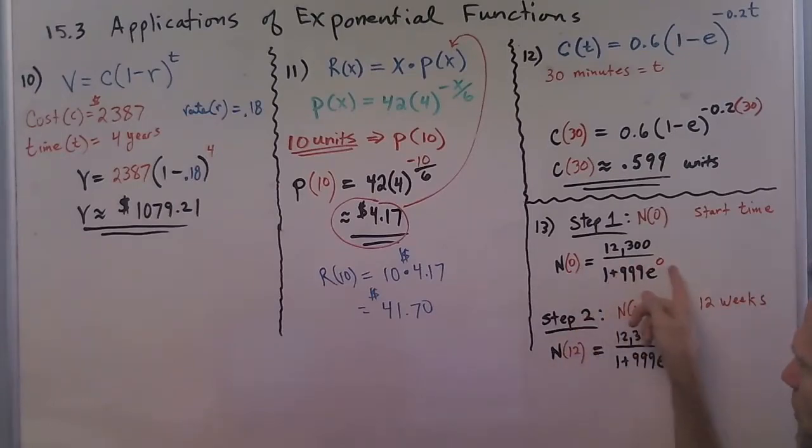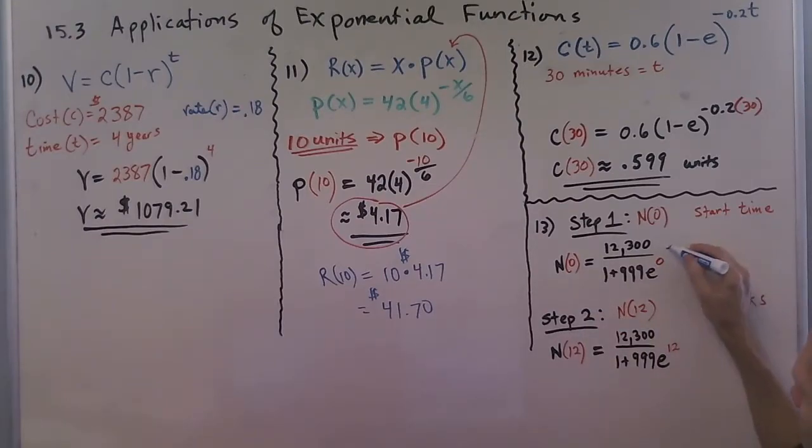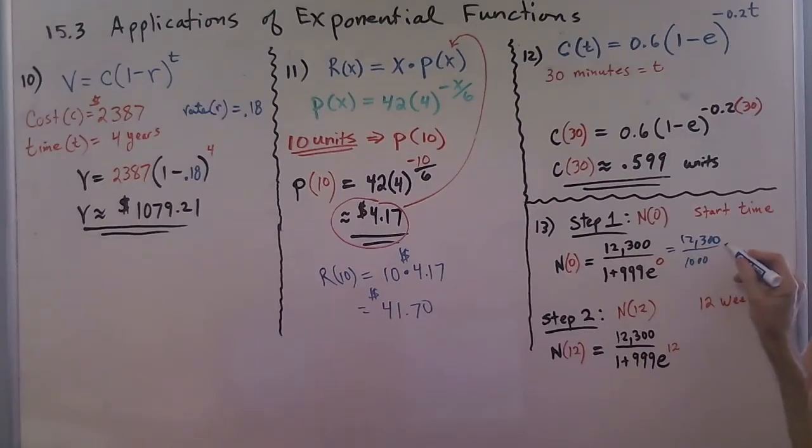And so if you put 0 in here as the start time, you get 12,300 divided by 1,000, and it equals approximately 12.3 people, but I think it says round to the nearest person, so we'd have 12 people initially ill. Okay.